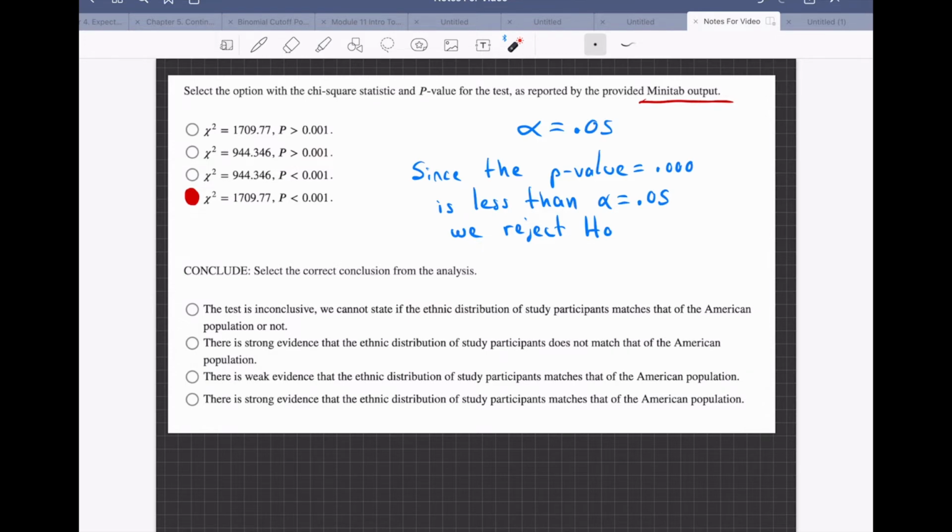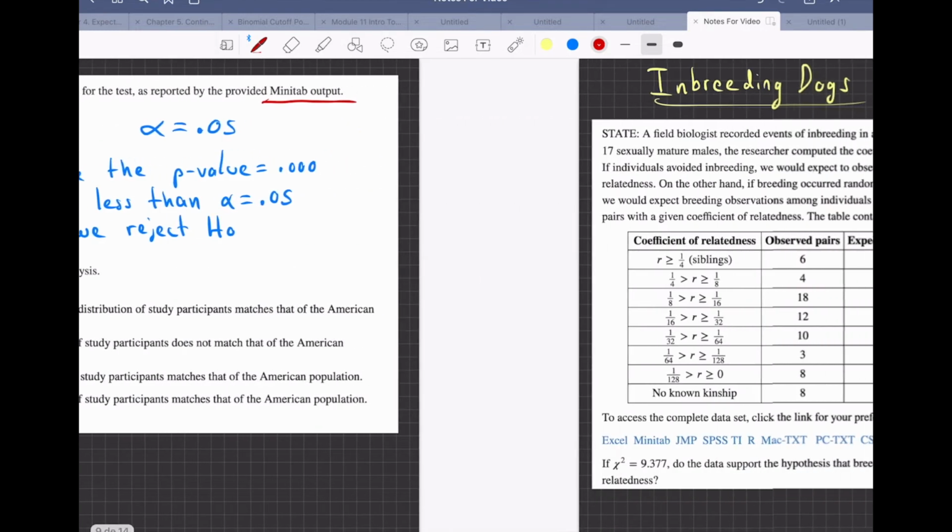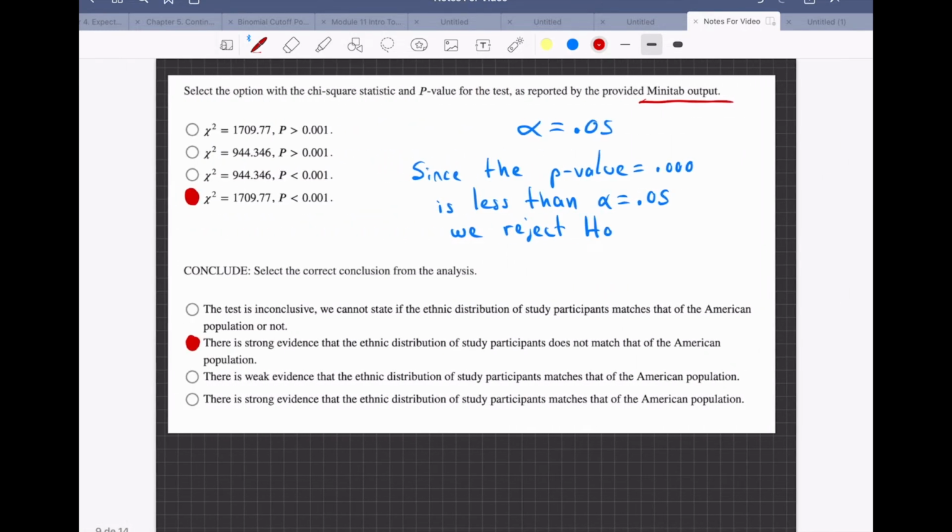I think this one is, there is strong evidence that the ethnic distribution of a study participant does not match that of the American population. Yeah. Does not match this one, because we are rejecting H null.